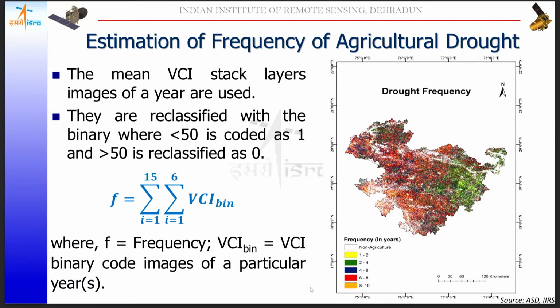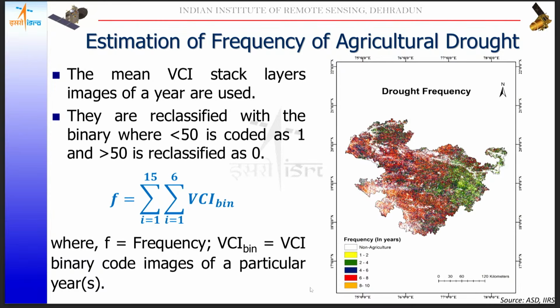So it means, more or less, that for 6 to 8 times, every alternate year, that area was hit by drought, maybe moderate to severe drought. In the case of orange, out of 3 years, 2 times there were drought conditions in that specific area.